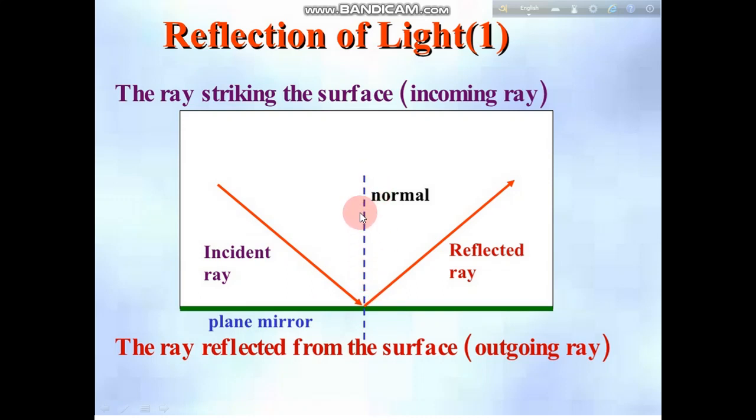The ray reflected from the surface, the outgoing ray, is called the reflected ray. This is the reflected ray, this is the normal, and this is the incident ray.